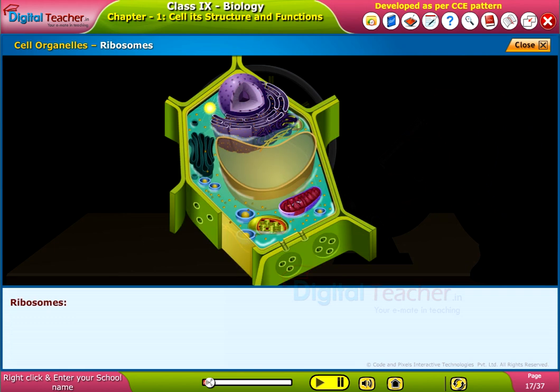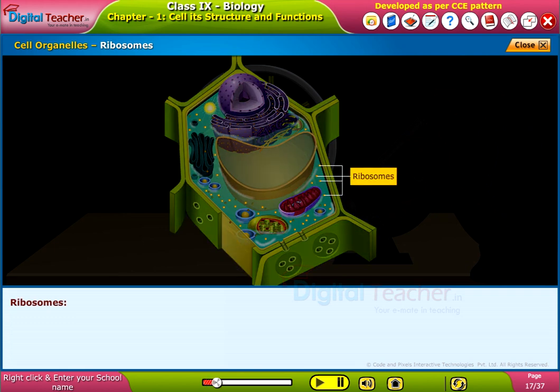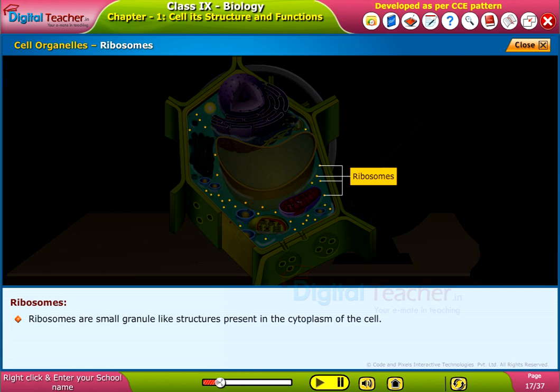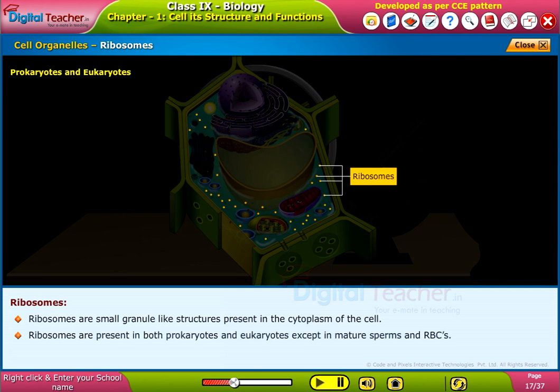Now, let us learn about another important organelle, ribosomes. Ribosomes are small granule-like structures present in the cytoplasm of the cell. Ribosomes are present in both prokaryotes and eukaryotes except in mature sperms and RBCs.